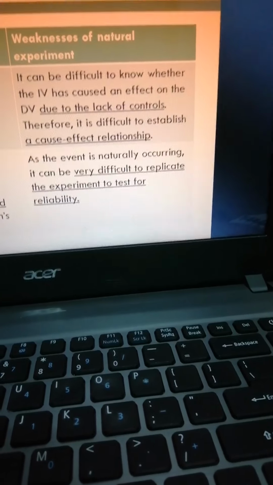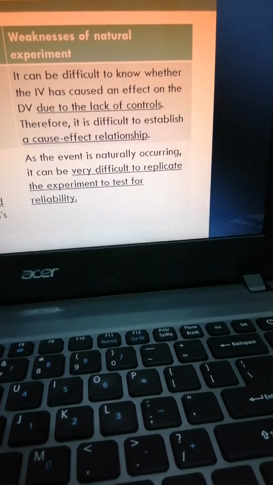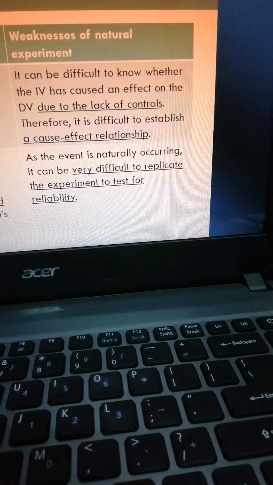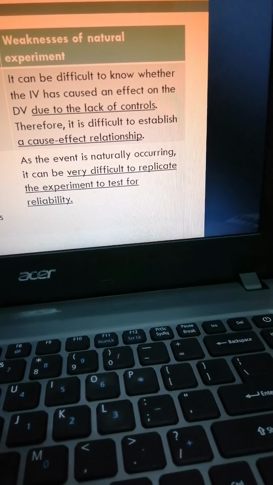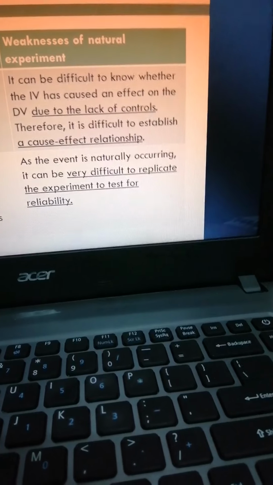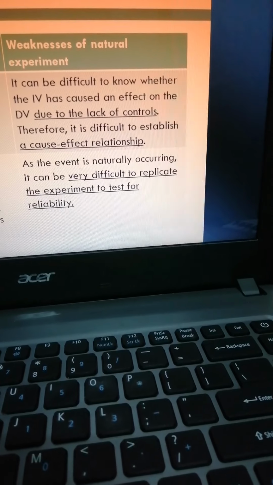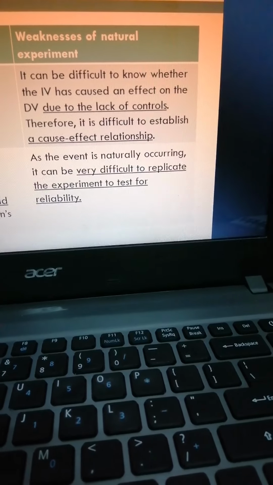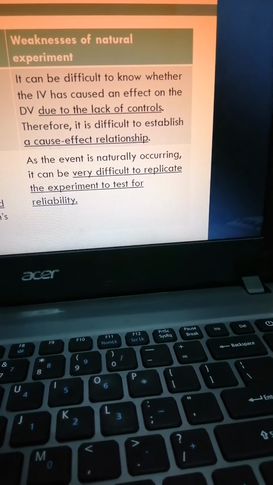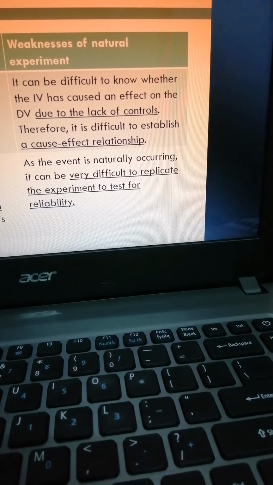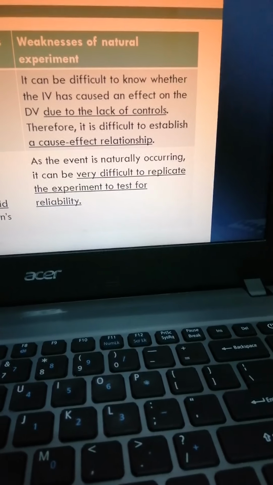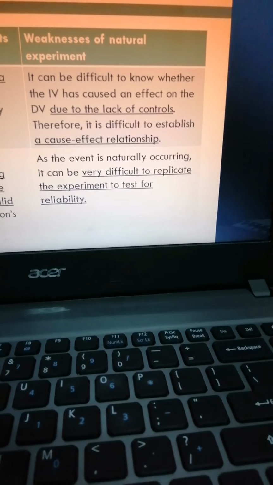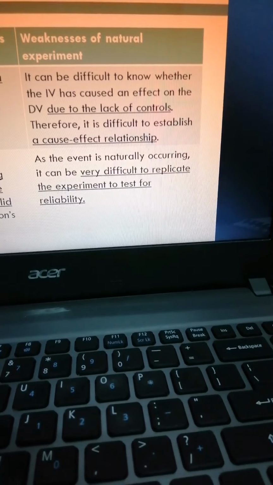It can be something else. It cannot be the revision. It should be other factors that the researchers are not aware of. For example, genetics, or maybe the supplements that they take daily, okay, to boost their mind and how much they can memorize. So therefore, it is difficult to establish a cause-effect relationship. It's hard to see the relationship between the IV and the DV.